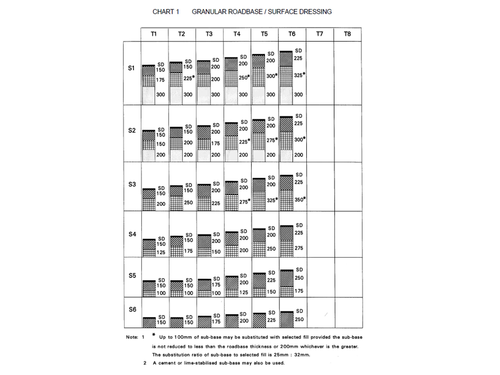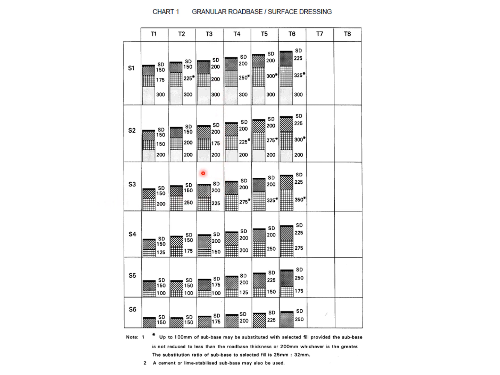For example, you have decided that surface dressing is to be done at the top, and you have got the classes of the traffic and the subgrade, and let's say the traffic class is T3 and subgrade class is S3. So this is T3 and here S3.